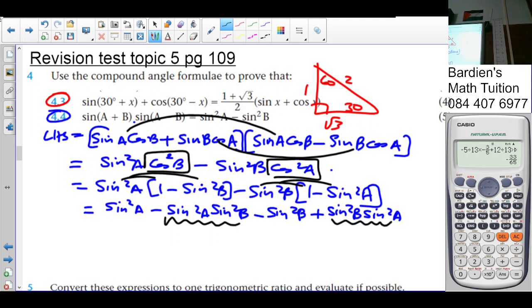Not so? So negative sine squared A sine squared B plus sine squared B sine squared A cancel. So we are left with sine squared A minus sine squared B, which is then equal to the right hand side.